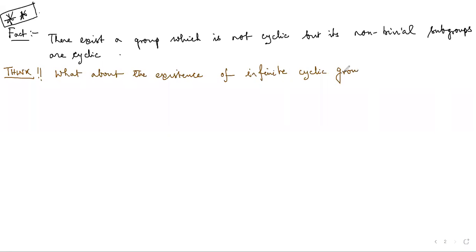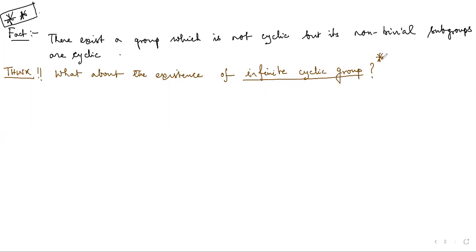Do they exist? If they exist, try to give an example of that group. And if such a group exists and is cyclic, then obviously it must have a generator, so you have to identify the generator of such groups also. I'm going to leave that for you. Just try to find out by yourself. Okay.